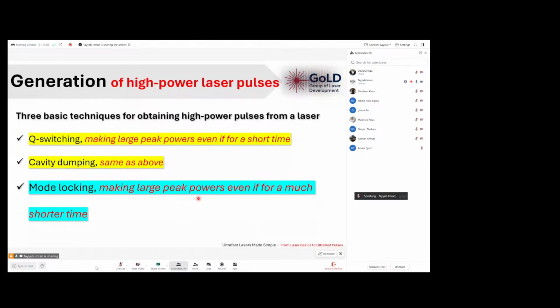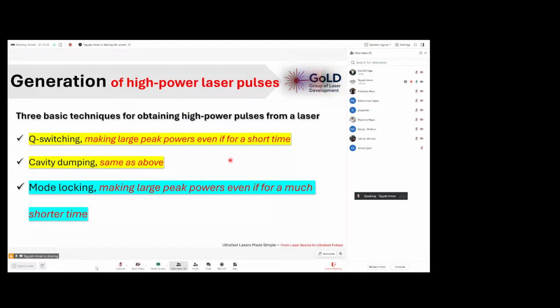Like here, if you have a 30 femtosecond pulse, you can easily get a peak power of terawatt. How that will be, we will see in the ultrafast lasers.